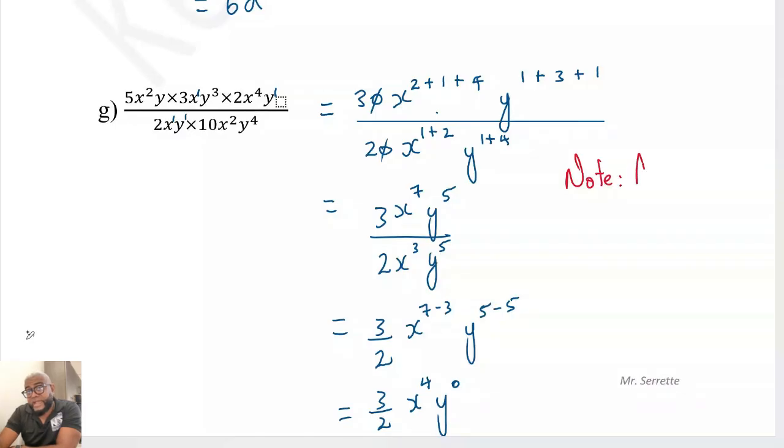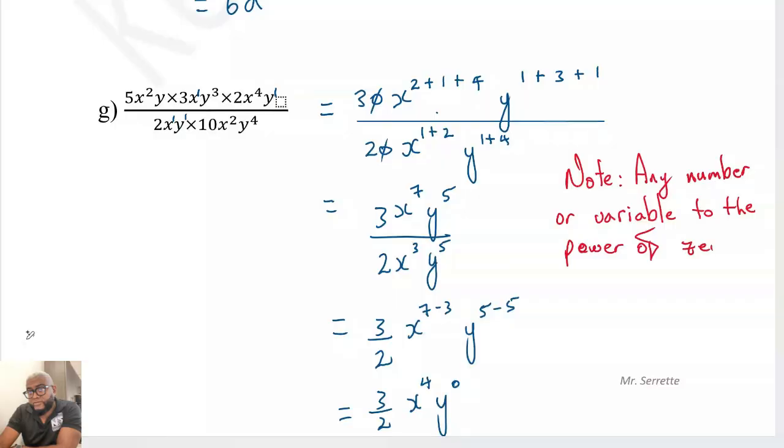All right, no problem. Write this down, guys. Any number or variable, letter means variable, right? Variable to the power of 0 is 1, all right?